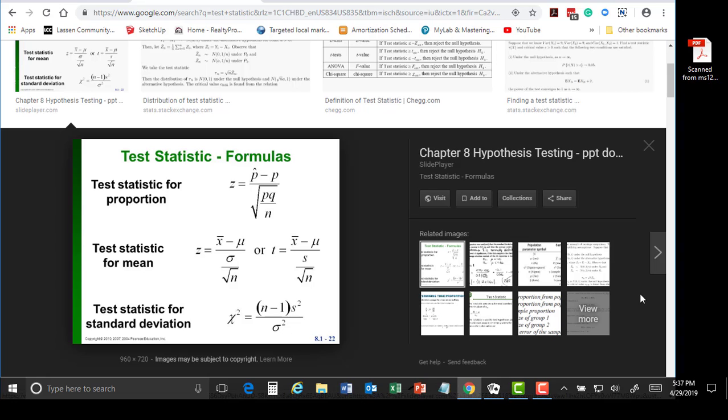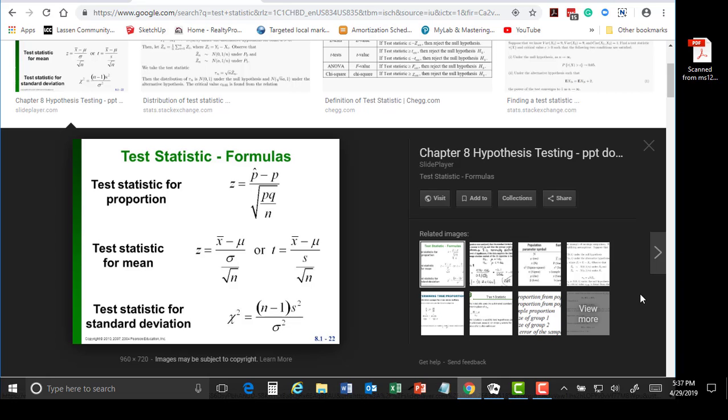This thing in the book that you probably don't have has the normal, it has the t distribution, student t, and it has the chi-square. And on the first page, you're going to see your test statistics, which is exactly these.